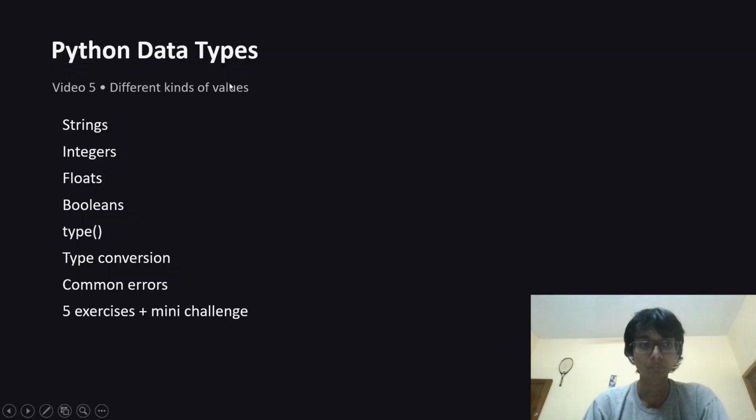Then we have Boolean. We will come back to this. Boolean is a very important thing, not just in Python, in any programming language. This is a fundamental in pretty much all programming languages.